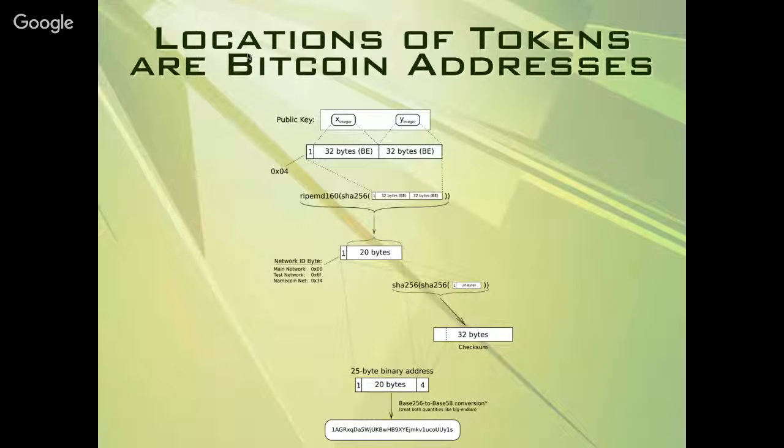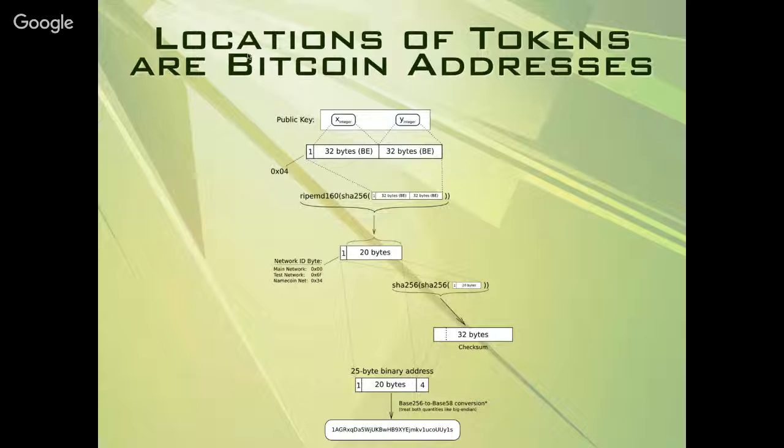So it's two hashes again. And then we also take these 21 bytes. You can take some portion of the hash and compute a checksum over this.